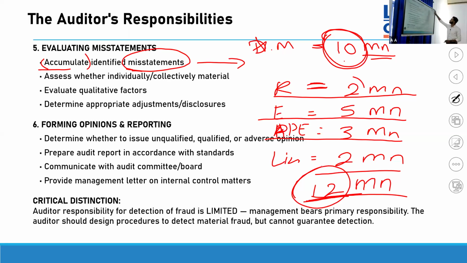Is that clear? If you have any doubts regarding that accumulation of misstatements, please let me know. Is that example clear? Determining the materiality level and all, we will discuss in a separate chapter. Don't worry about that thing. But please let me know whether the way of accumulating the misstatements is okay or not. Is that clear?